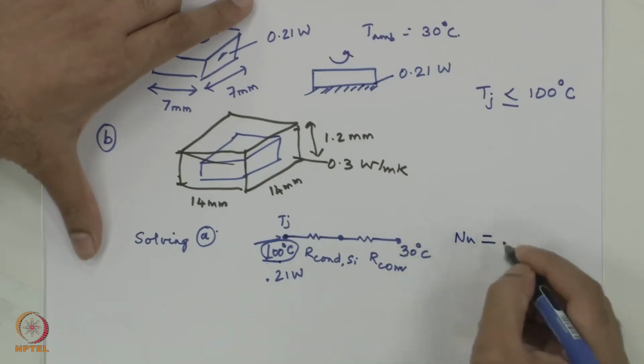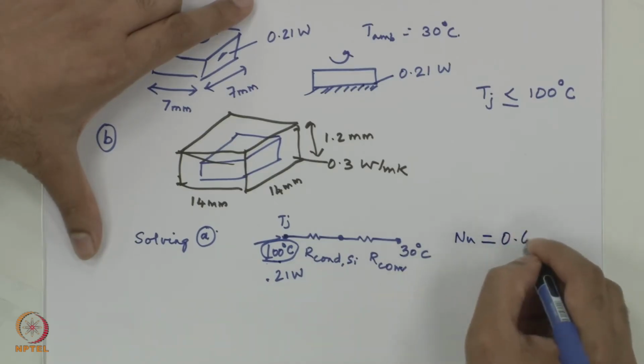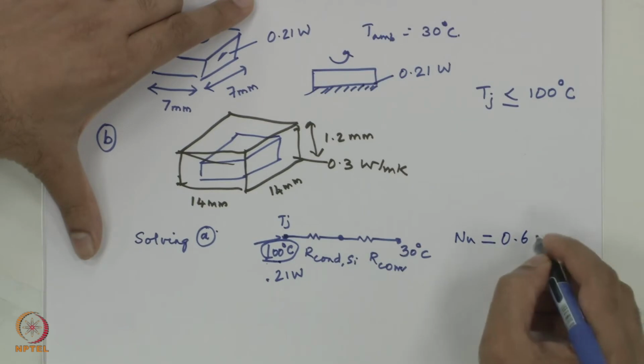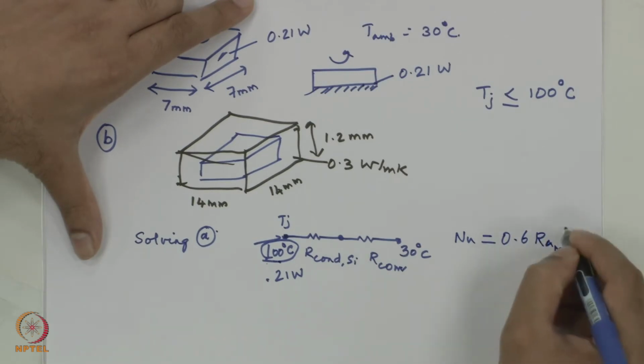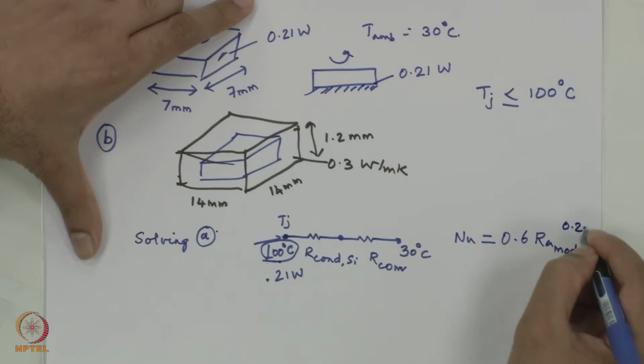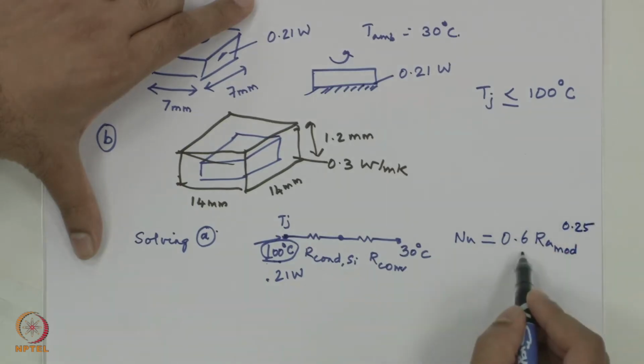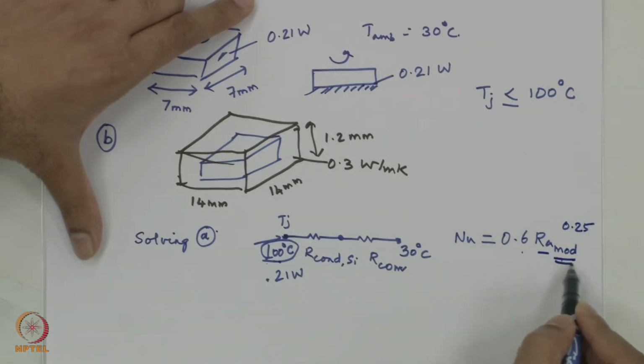For the Nusselt number, from a textbook by Bejan, we have a correlation of this form. Let me write this and then talk. It is 0.6 times the modified Rayleigh number, because we need to account for flux, not temperature driving forces.